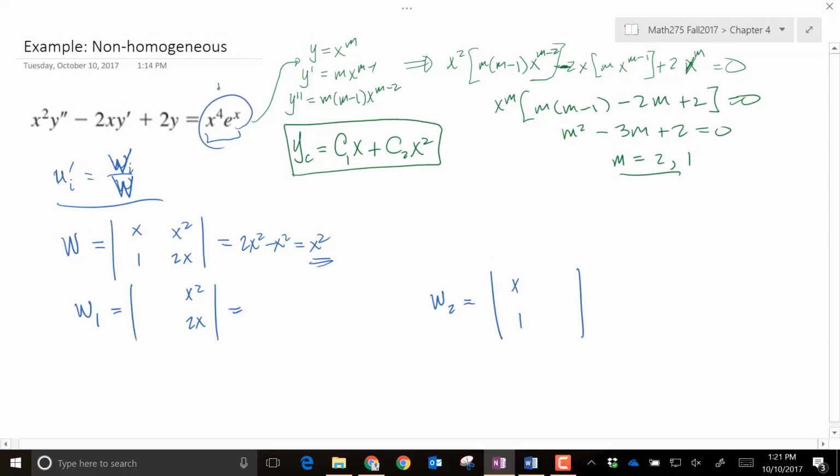So this is our f of x. Is that right? Variation of parameters? Oh, that's what it was. Thanks. 0 first, and then f of x.